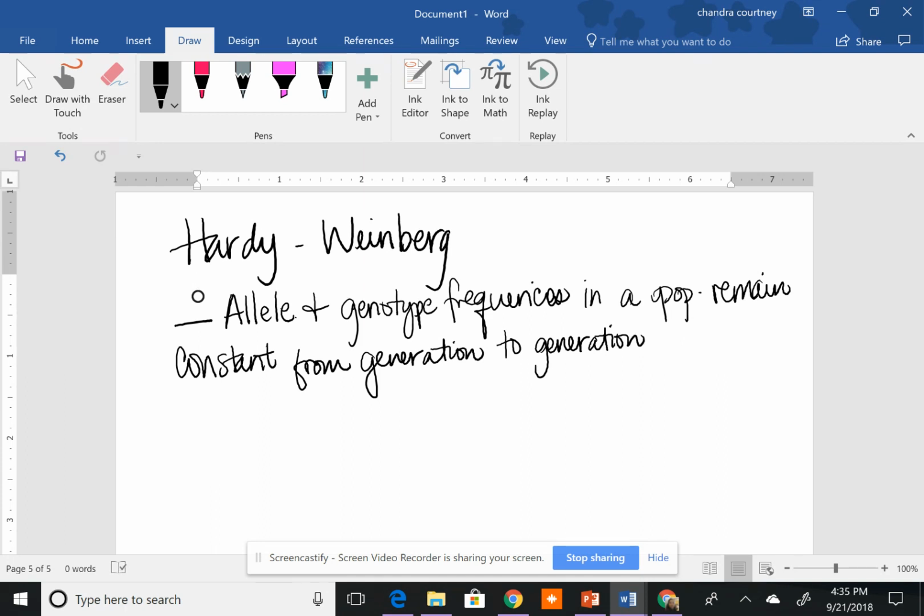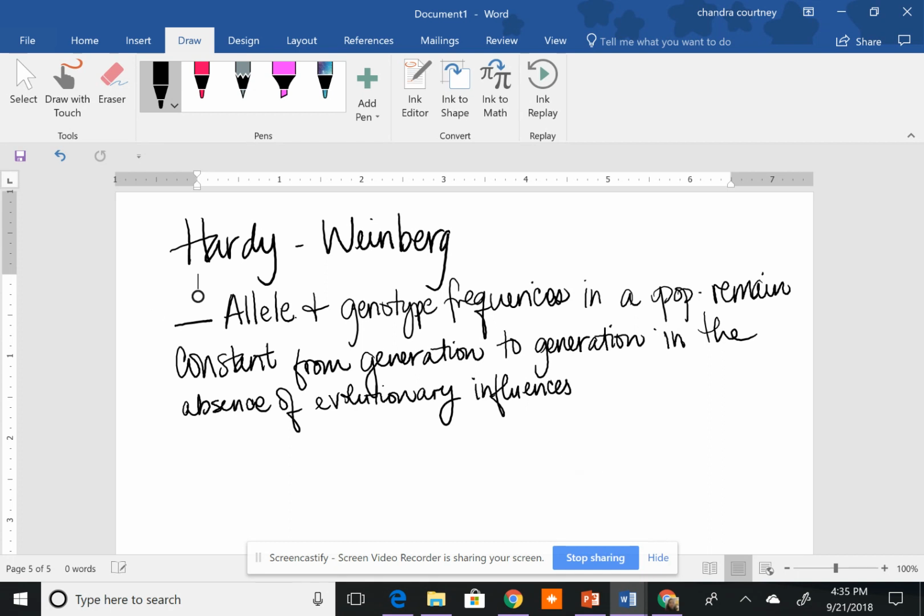Now the only way that this can really happen is if there's no other influence coming from an evolutionary perspective. So allele and genotype frequencies in a population remain constant from generation to generation in the absence, and that's a very important part, in the absence of evolutionary influences.